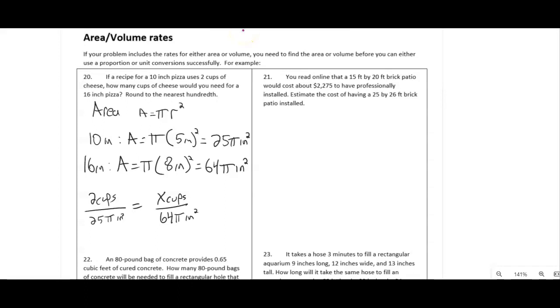I'm going to use the shortcut of cross multiplication. This gives me 2 cups times 64 pi square inches equals x cups times 25 pi square inches.